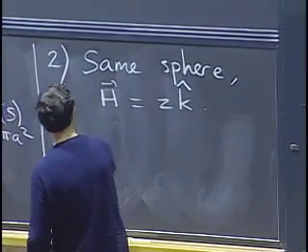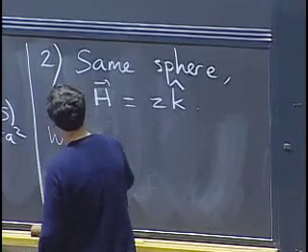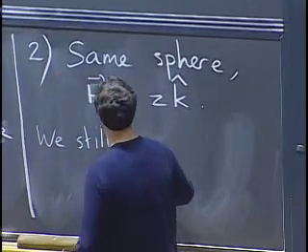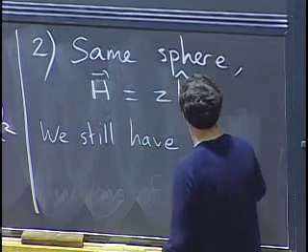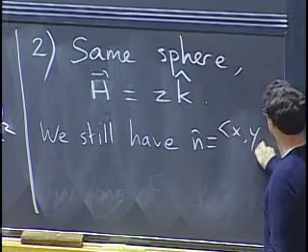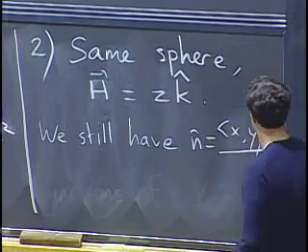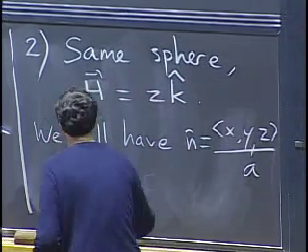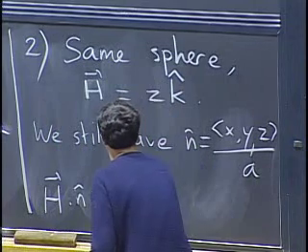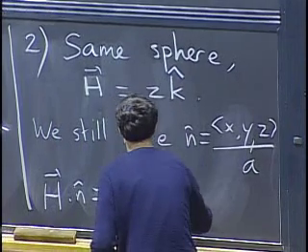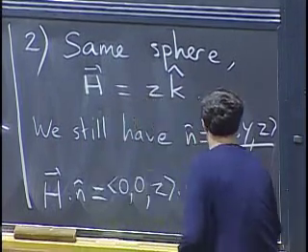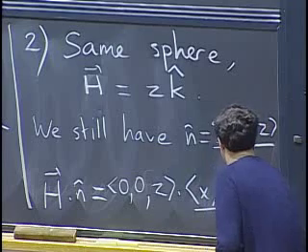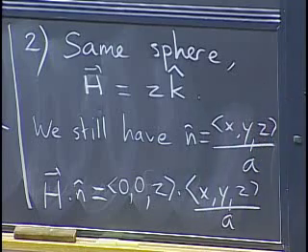So we still have that n is x, y, z divided by a. So that tells us that h dot n will be, well, 0, 0, z dot x, y, z over a. Looks like I will be left with z squared over a.